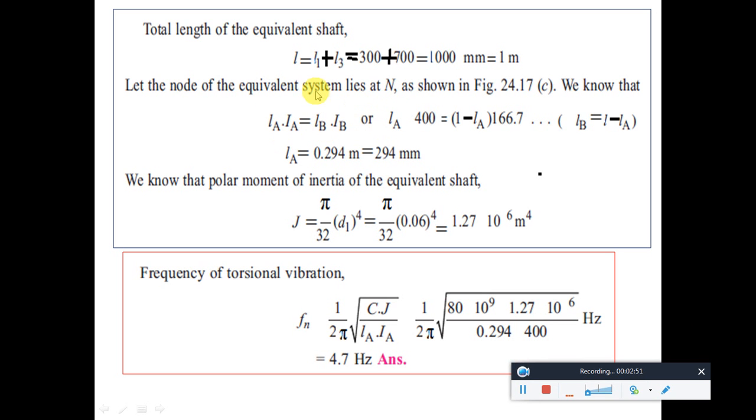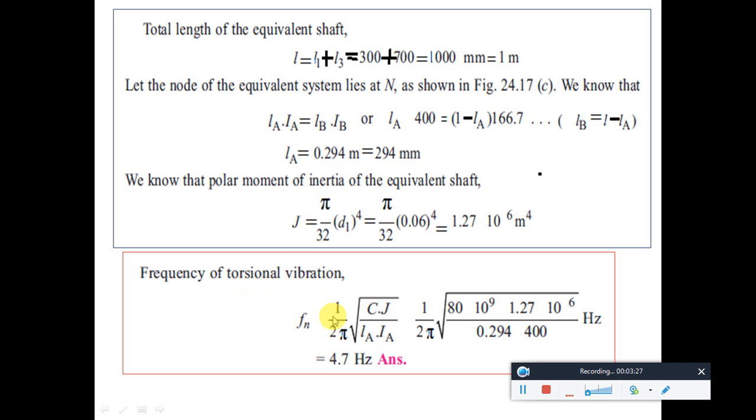Since a single node is forming at N, LAIA equals LBIB as we have in the 2 rotor system, from which we can find LA. Substitute IA as 400 kg m square, and IB is the equivalent mass moment of inertia for rotor B, 166.7. And here LB is nothing but L minus LA. So you consider this, and finally you arrive at LA.